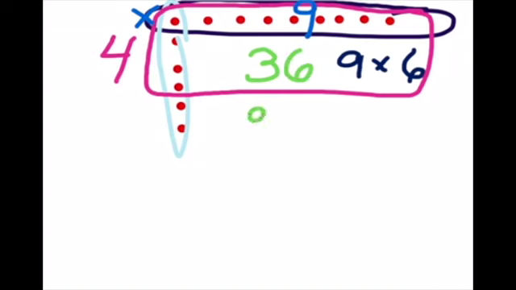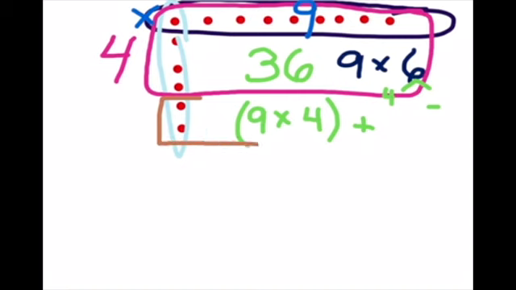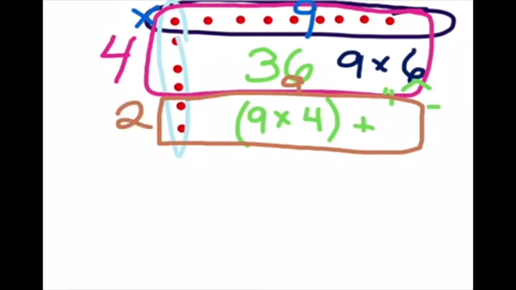So I'm going to keep my 9 the same, but we had split the 6, obviously, into a 4 and then something else. And that leaves me with only 2 left in our column or our vertical line. 2 times what? 9. Our horizontal line stays the same.